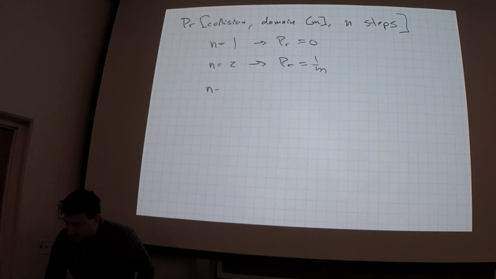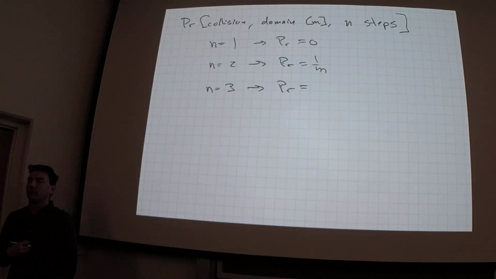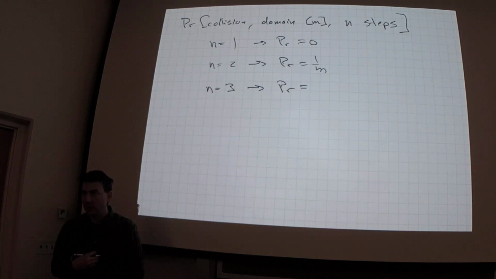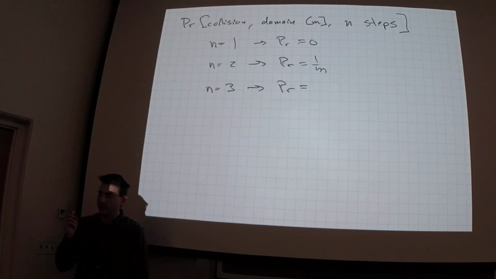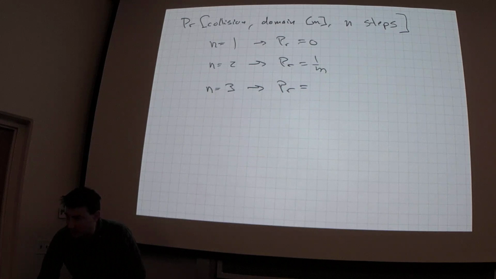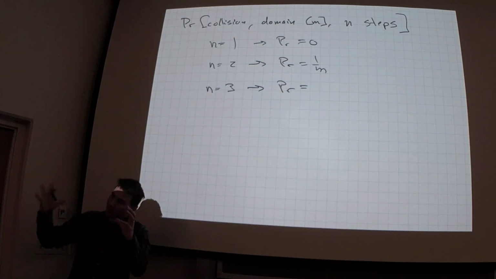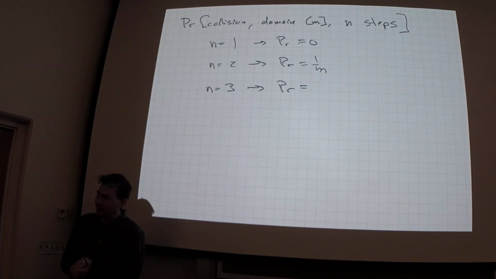For n equals 3, what is it going to be? Most of the complication of the rough analysis happens right here.